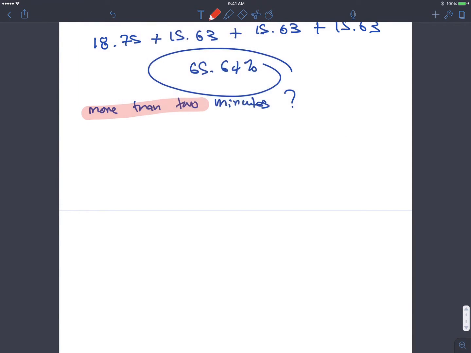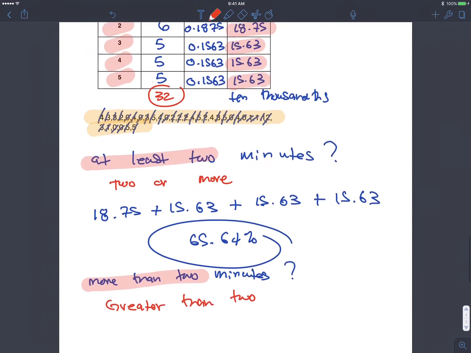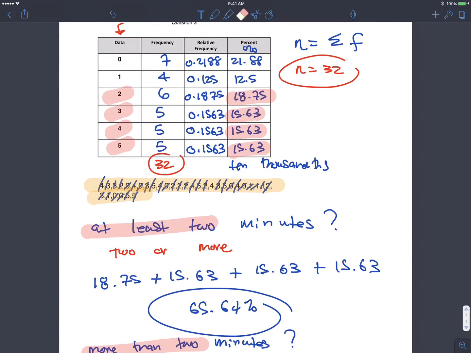More than 2 strictly means greater than 2, larger than 2. So all I have to do is go back and remove this 2. And all of these data values, 3, 4, or 5, are all more than 2.